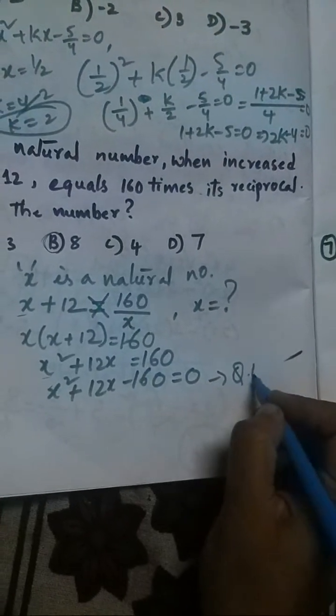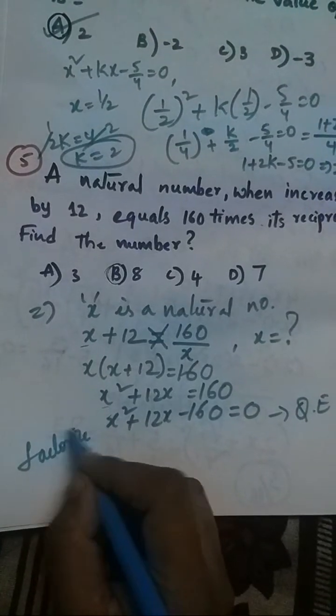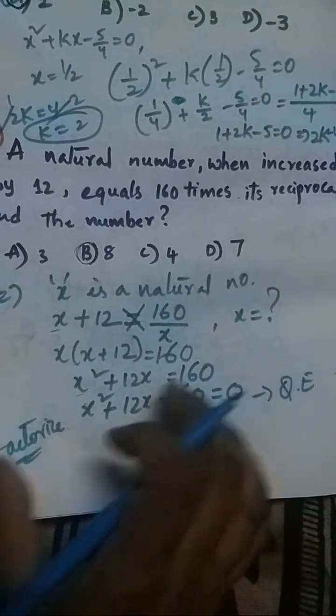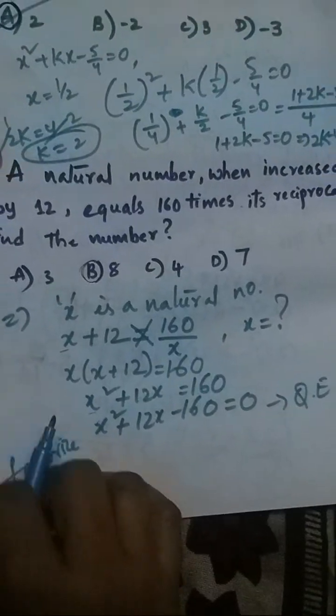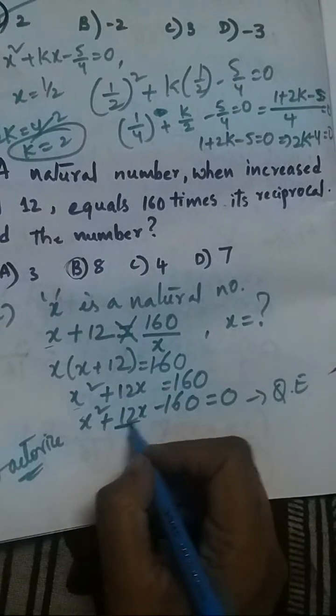Now what do we have to do? Factorize. Here we have to find the factors. We have x square and 160, and 12x is the middle term.